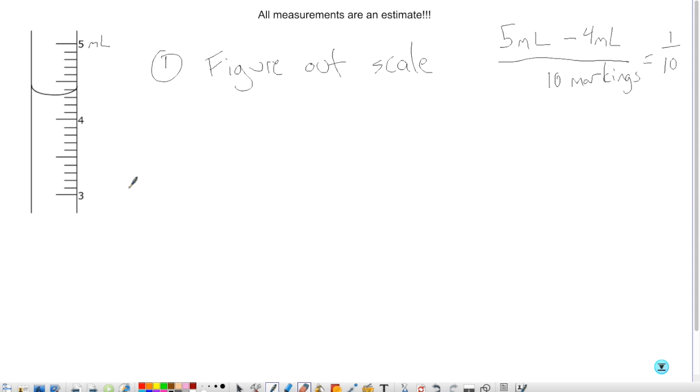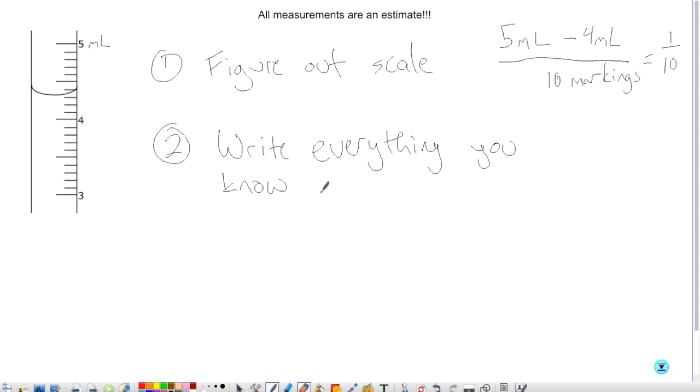Step 2, write everything you know for sure. I know for sure that this meniscus falls between 4 and 5 milliliters.